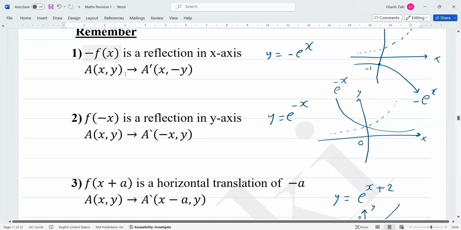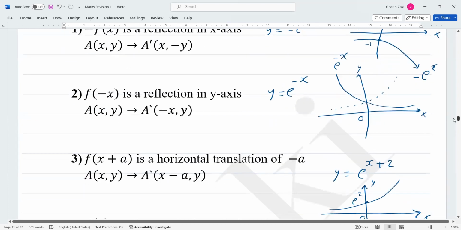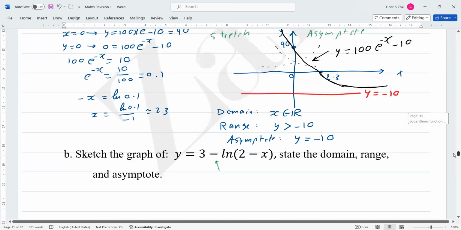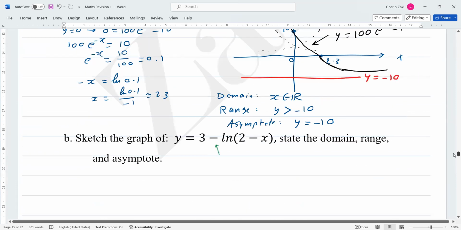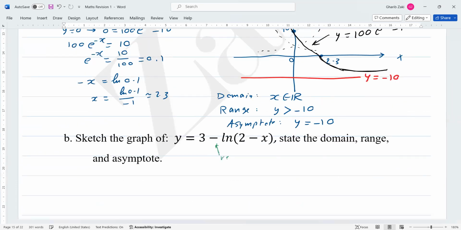Okay. Negative in front of the function, it is reflection in x-axis. Now, this is reflection in x-axis. So this negative means reflection in x-axis.